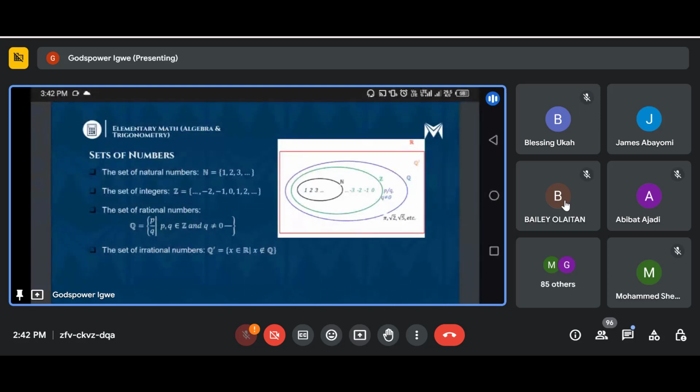Rational numbers are the ones that have 1 over 2, 1 over 3, 1 over 4. So irrational numbers are the ones that, no. Rational numbers are 1 over 2, 1 over 4.